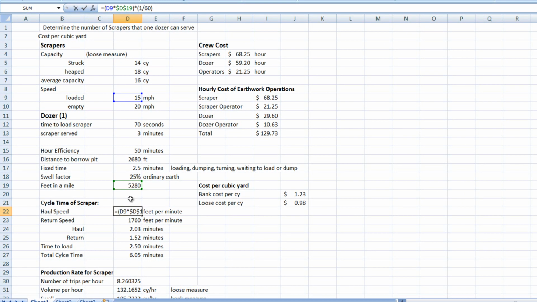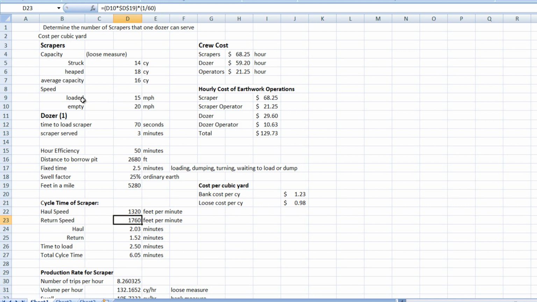They gave us that it's going 15 miles per hour, and that 1 mile is 5,280 feet, and then we're just breaking it down. We're going into feet per minute, so we're doing this right here, 1 divided by 60 just gives us that feet per minute equation.